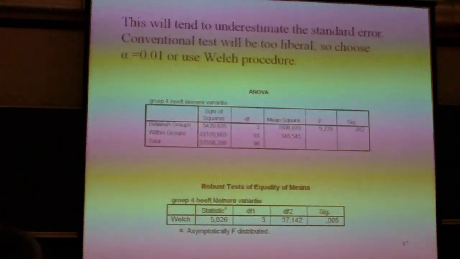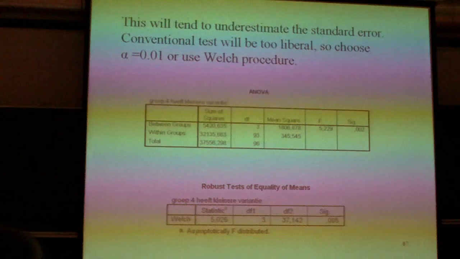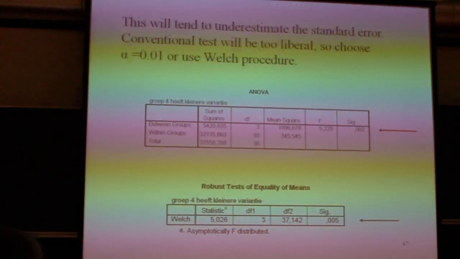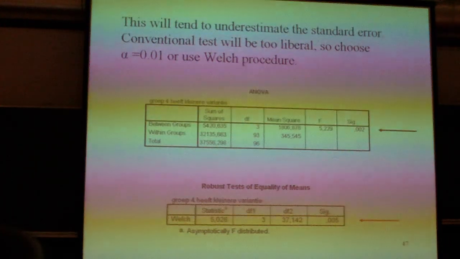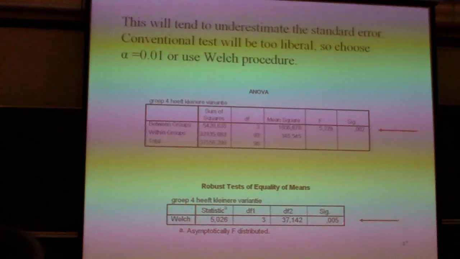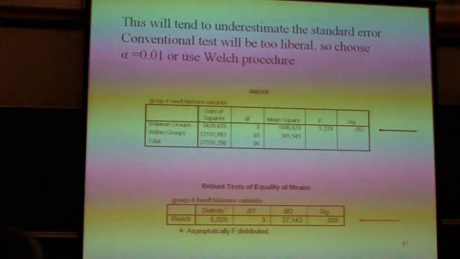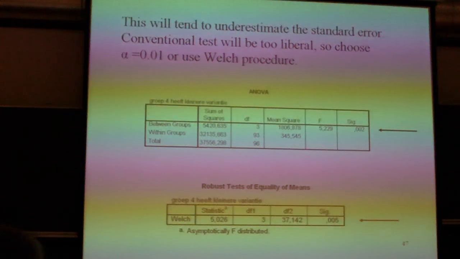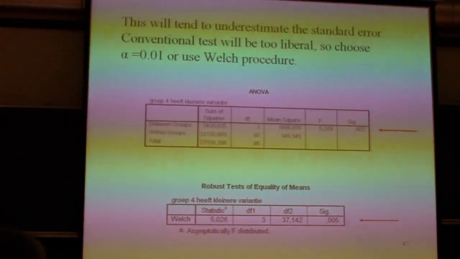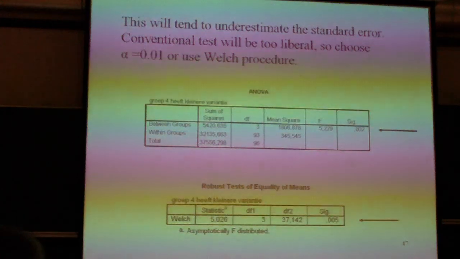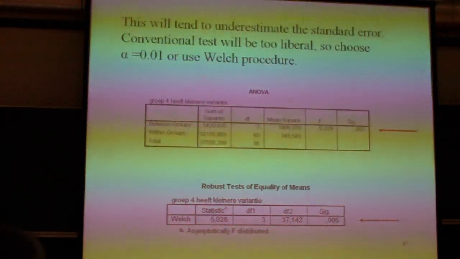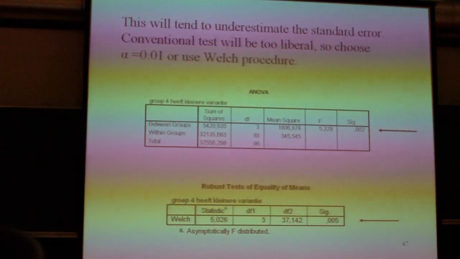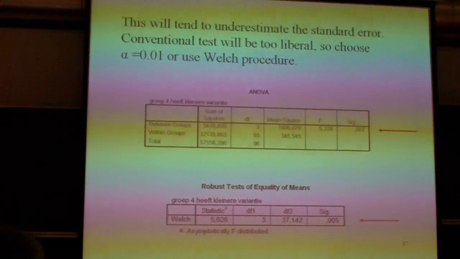That means that the robust Welch test will return a somewhat larger p-value than the conventional ANOVA test. The ANOVA test risks producing a significant result too often, and the robust test in this particular case is clearly superior.